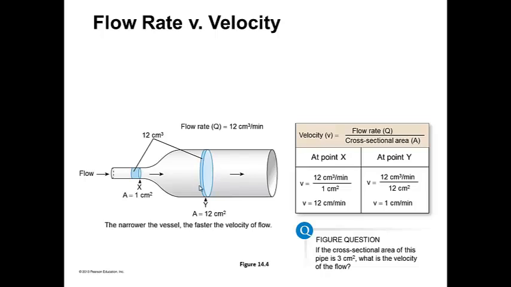We have a situation here where, because there's so much more fluid that can fit into the larger vessel, it doesn't have to move as fast to get to the end at the same flow rate.